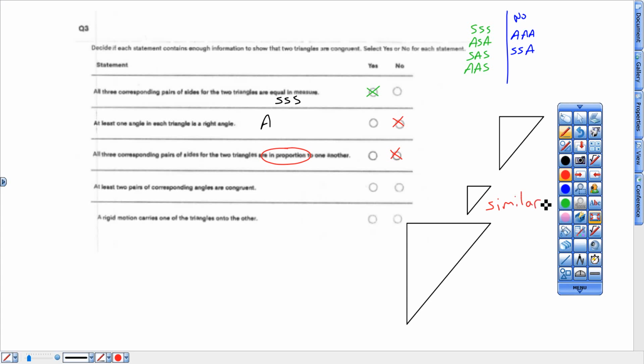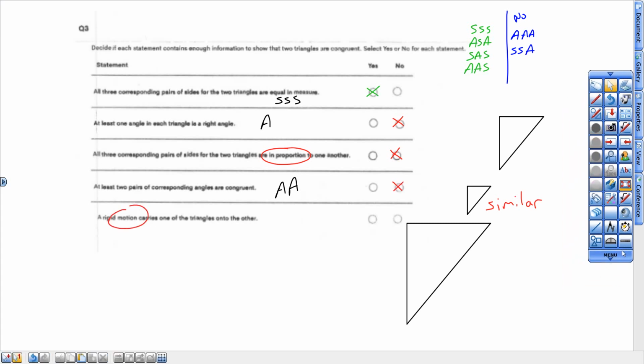All right, next one. 2 pairs of corresponding angles are congruent. So angle, angle. And again, that one is no good. And then the last one, a rigid motion, like one rigid motion, like doing a slide. Let me try to show you. If I took this one and took another, and then just one slide, if my pen lets me, right?